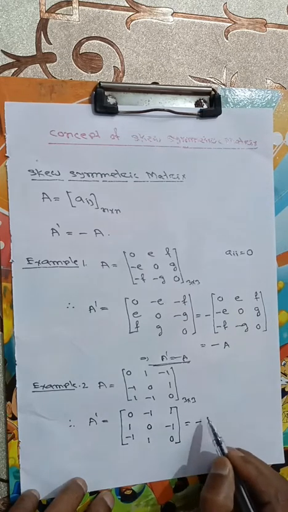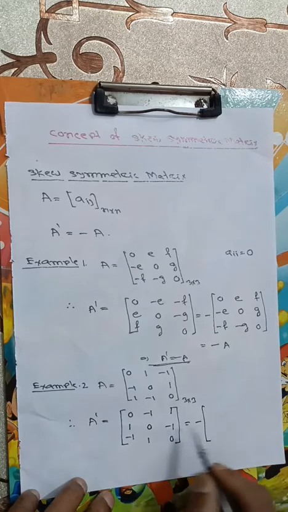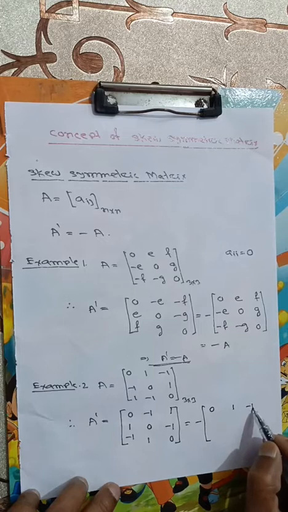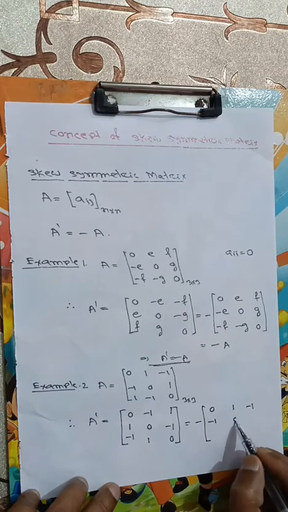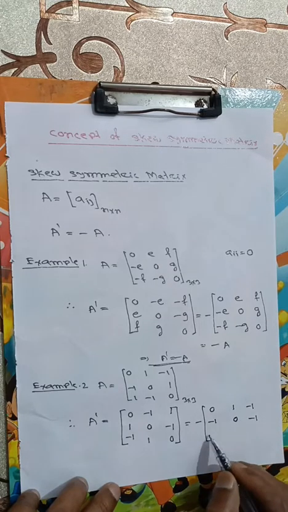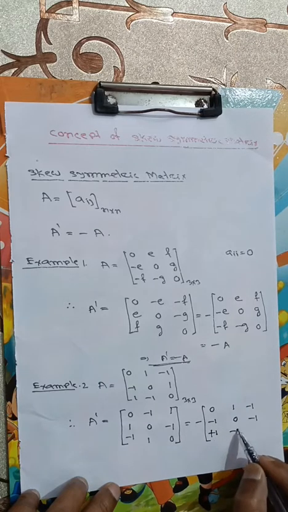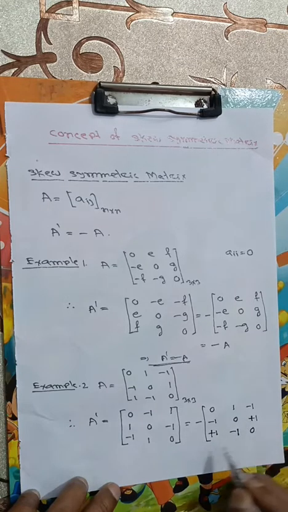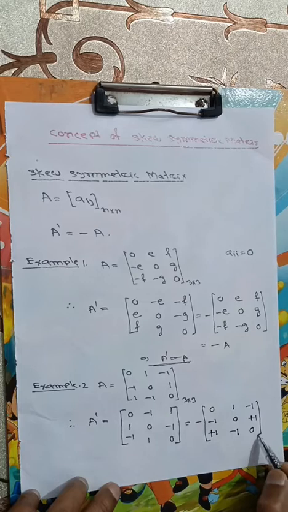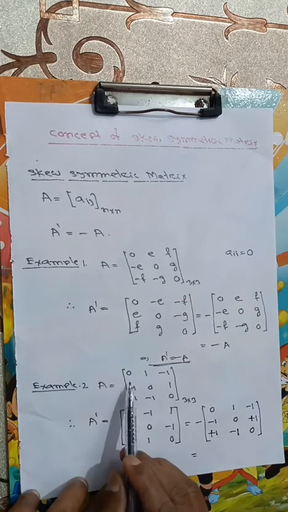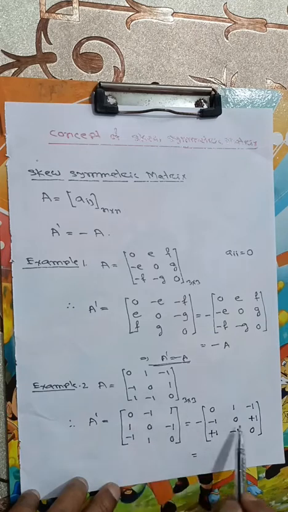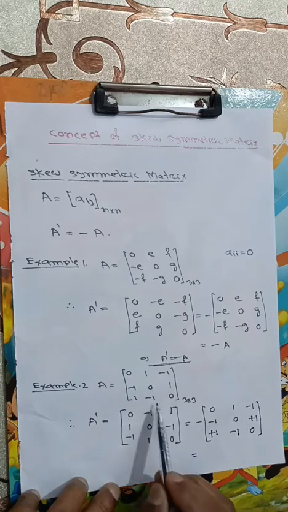If we take minus 1 common from this matrix, then we get 0, 1, minus 1, minus 1, 0, 1, 1, minus 1, 0, the same as the original matrix.